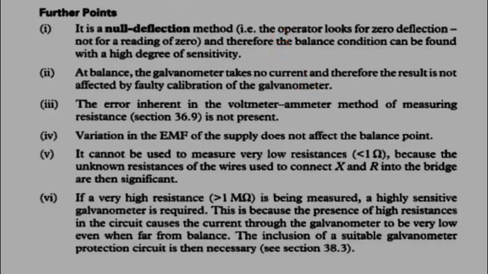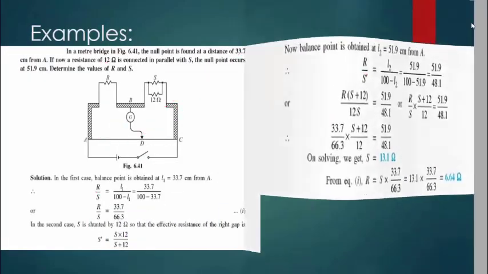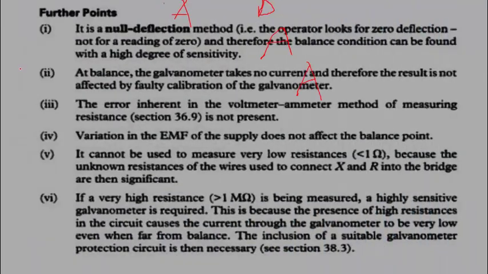Kwa kama ni hivyo, hata kama galvanometer yetu imekuwa calibrated wrongly, haijalishi, kwa sababu mwisho wa siku sisi tutakuwa interested na null deflection, ndo cha muhimu. Kwa hiyo ni advantage nyingine.